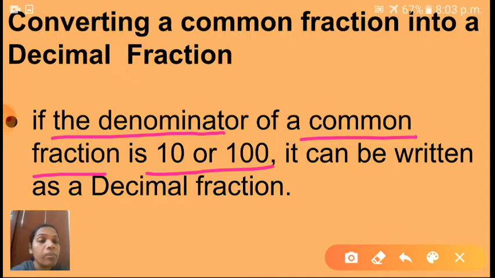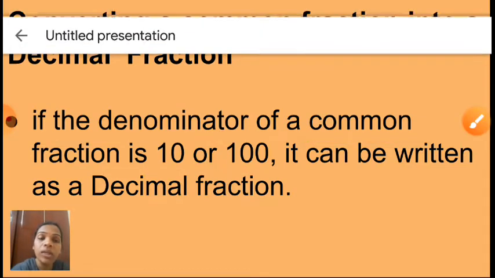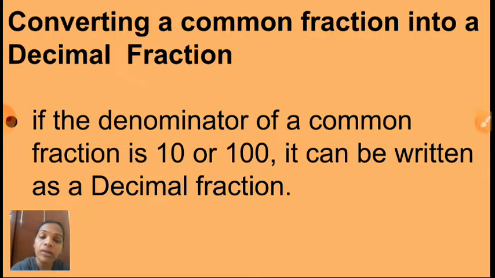So if you want to convert a common fraction into a decimal fraction, the denominator should be 10, 100, 1000 or 10,000, that means powers of 10. Only then can we convert that common fraction into a decimal fraction.